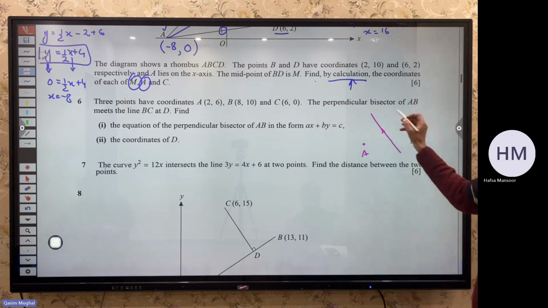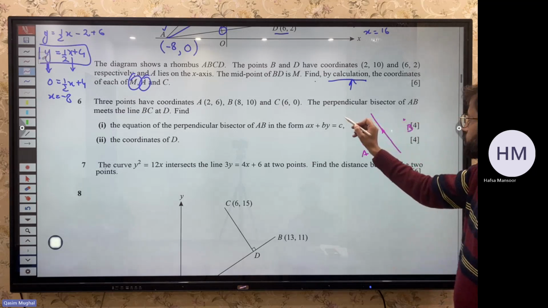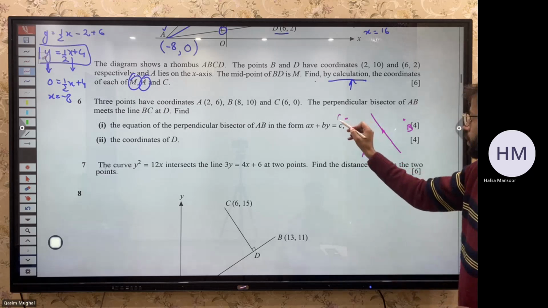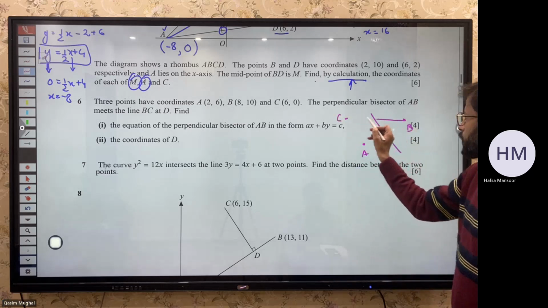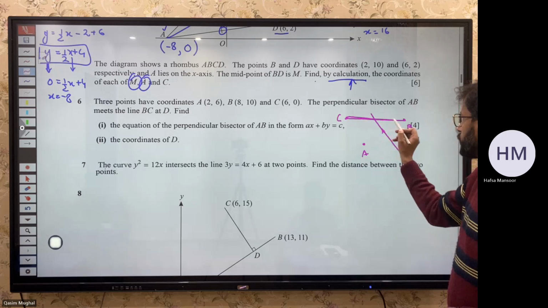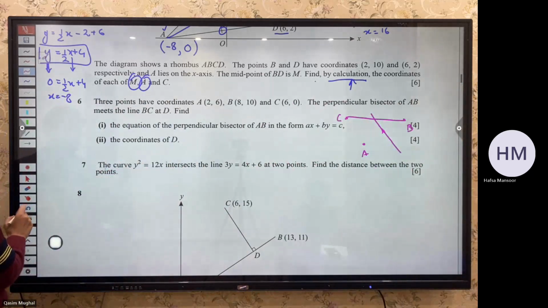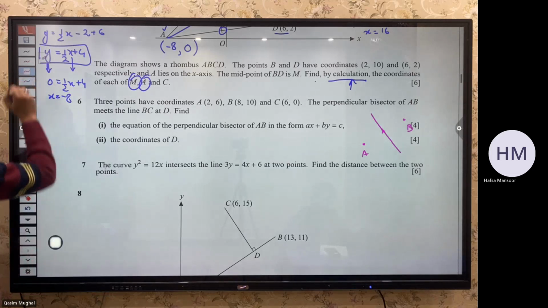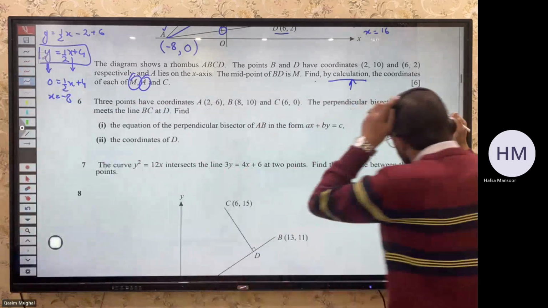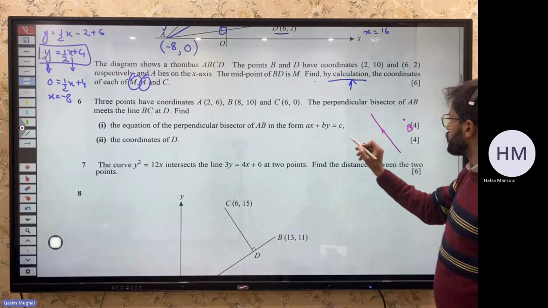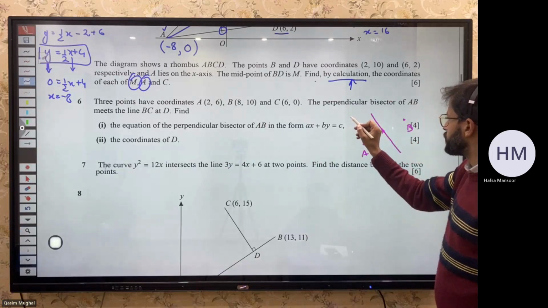The perpendicular bisector of AB meets the line BC. Okay, there is another line BC. So let's suppose C is the point over here. This is B. Let me use a different color pen here. Let's suppose this is point C over here.